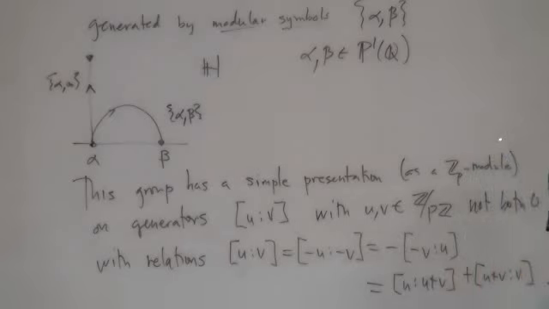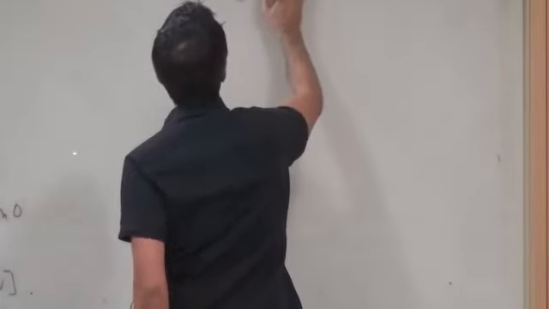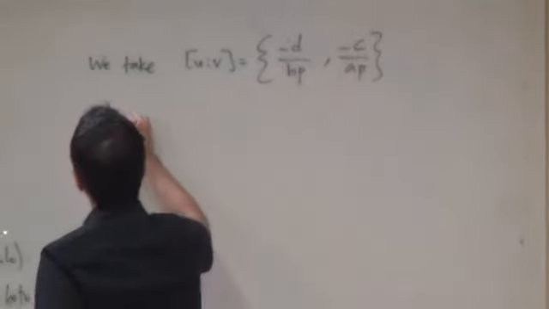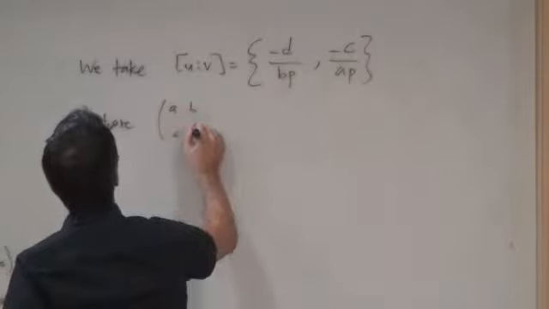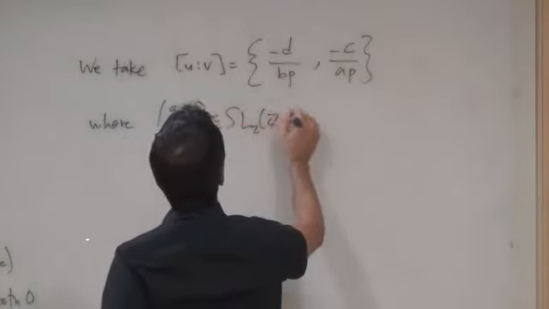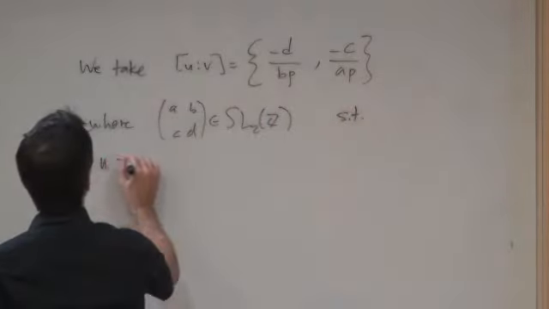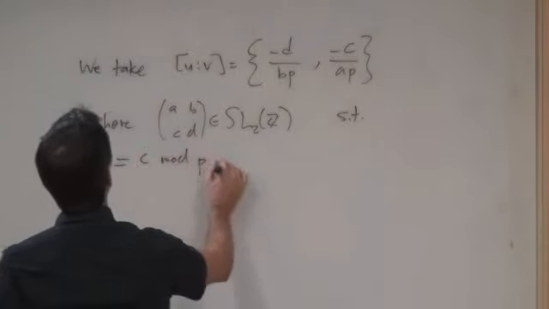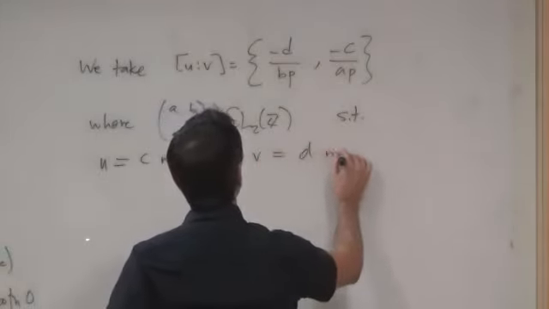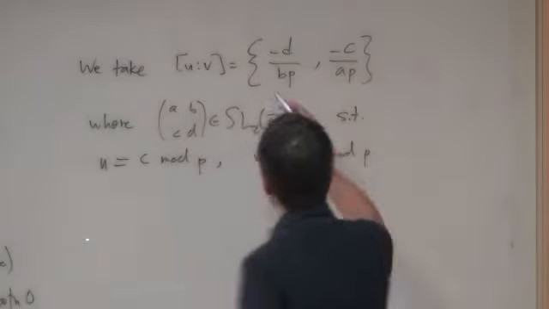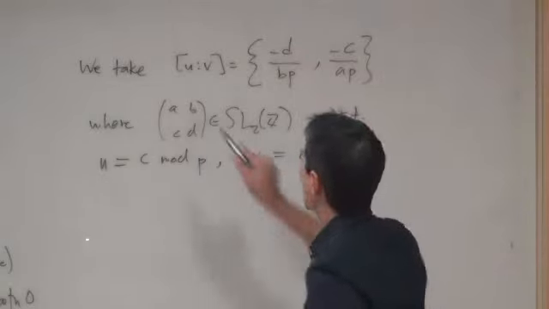We take [u:v] to be the more complicated path from -d/(bp) to -c/(ap), where (a b; c d) is in SL2(Z), and u is just c mod p, and v is d taken mod p. You can always find such a matrix, and it turns out that the class of this path is independent of the choice of matrix.